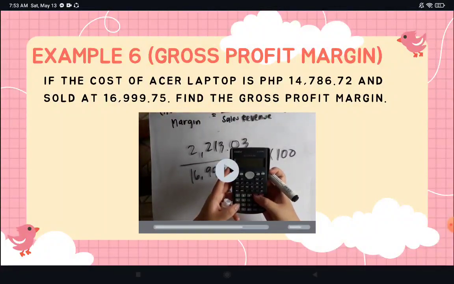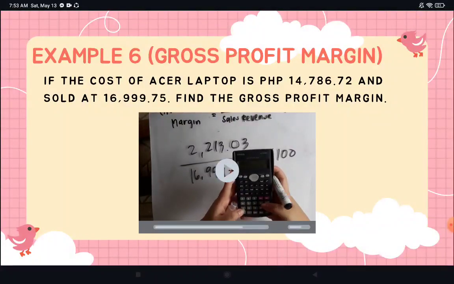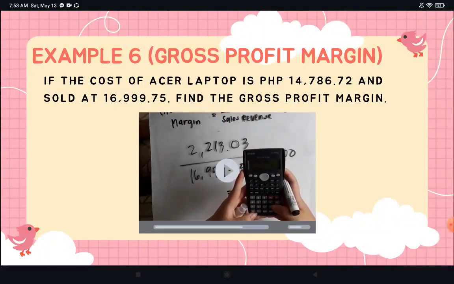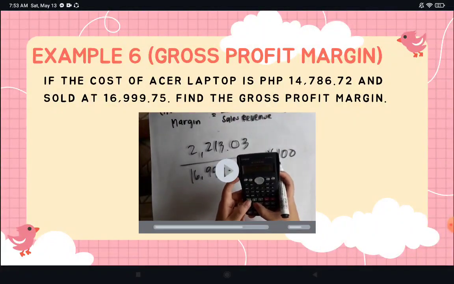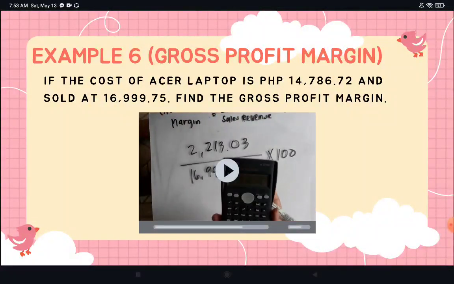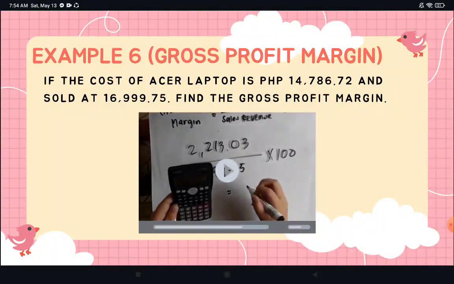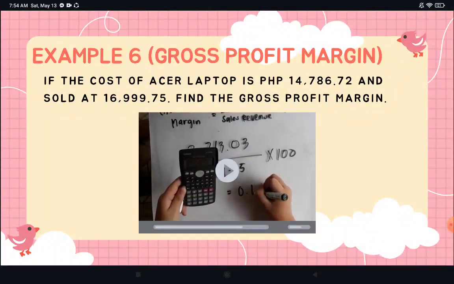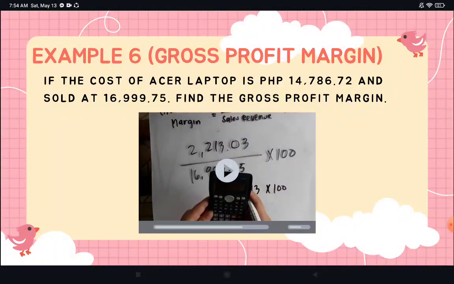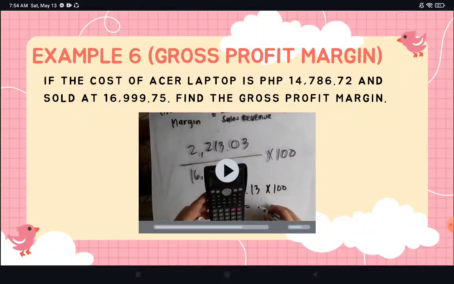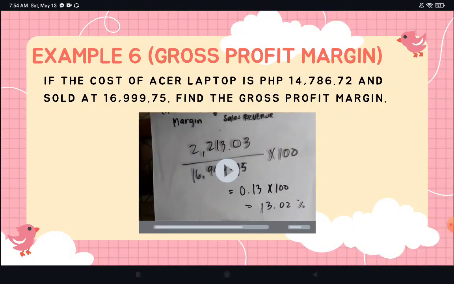Ang nakuha natin kaninang gross profit ay 2,213.03 at i-divide natin siya sa 16,999.75 and times 100 and we will get the gross profit margin. So we got 13.2% for gross margin.